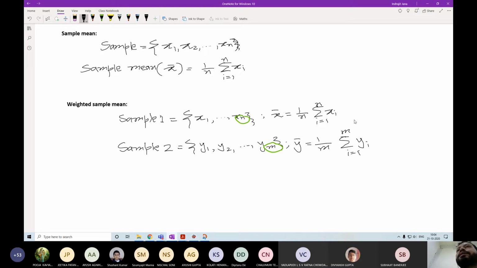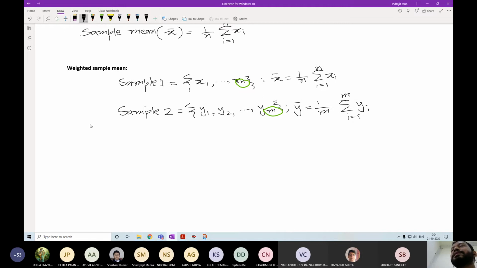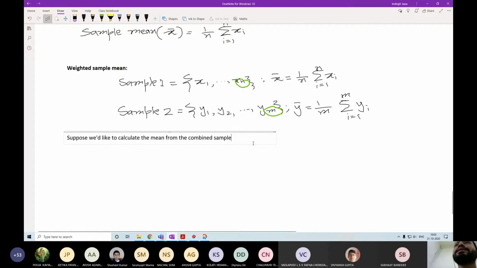Now we would like to calculate the mean from the combined sample. Suppose you mix all those data and you want to compute the sample mean from there.